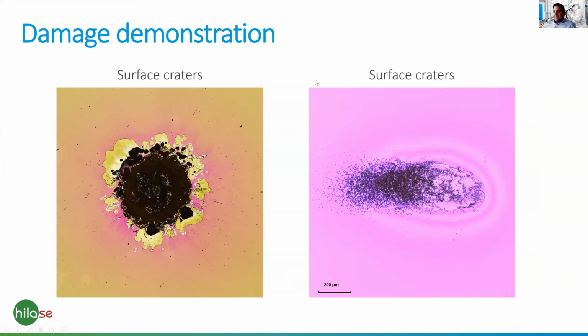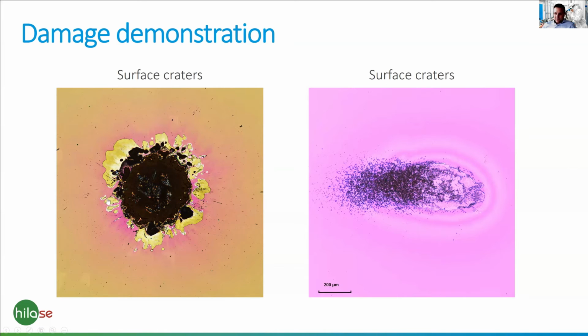And last but not least is something very typical that you often see when you are dealing with mirrors or anti-reflecting surfaces and you are damaging them, because the surface typically has a much lower damage threshold than the bulk itself, and then you can see such beautiful craters.